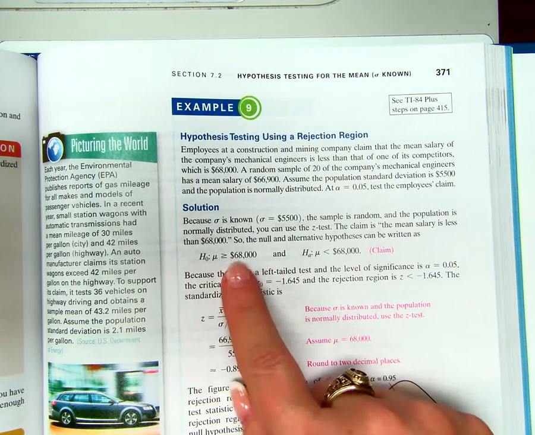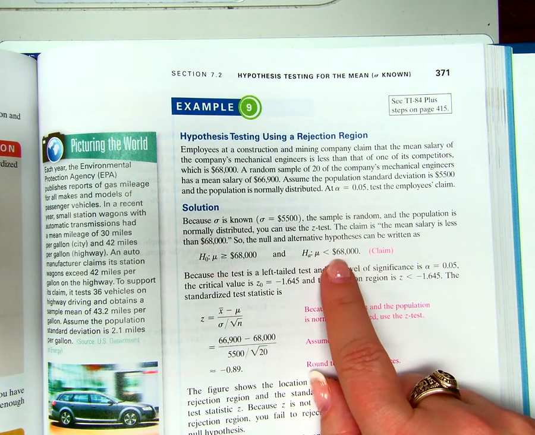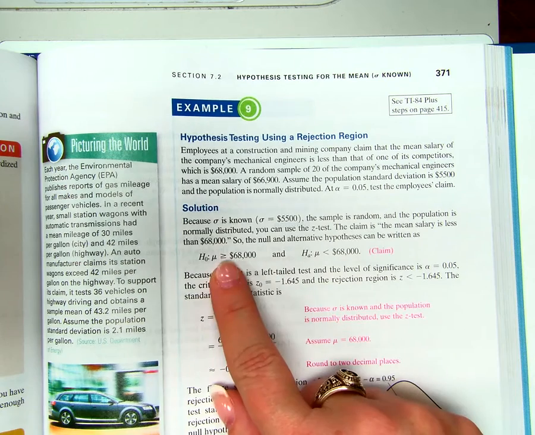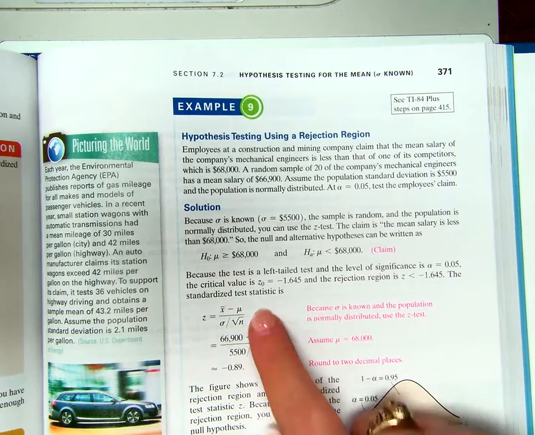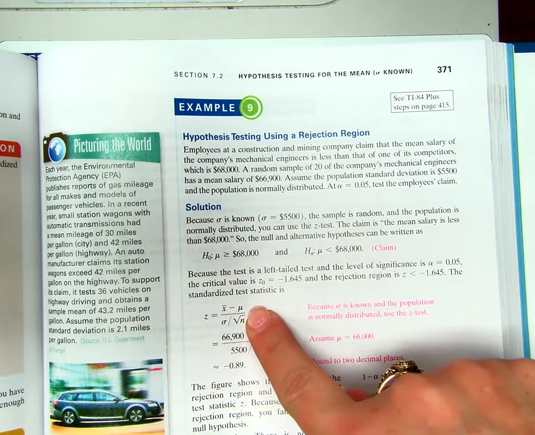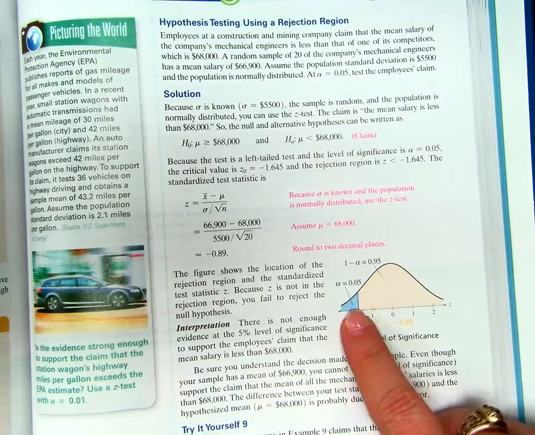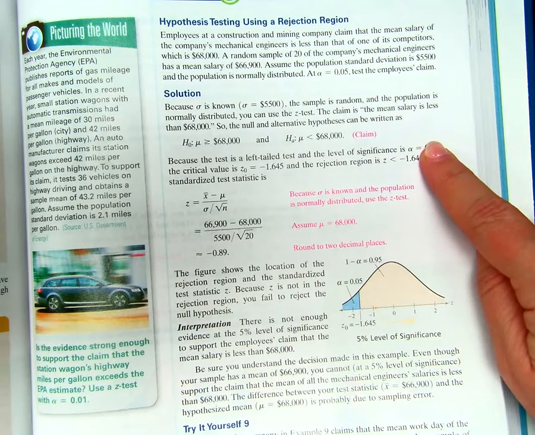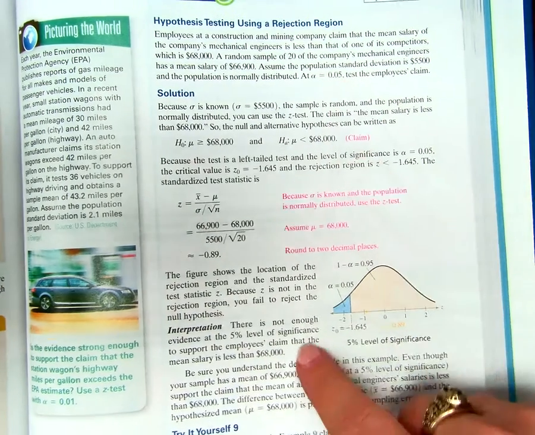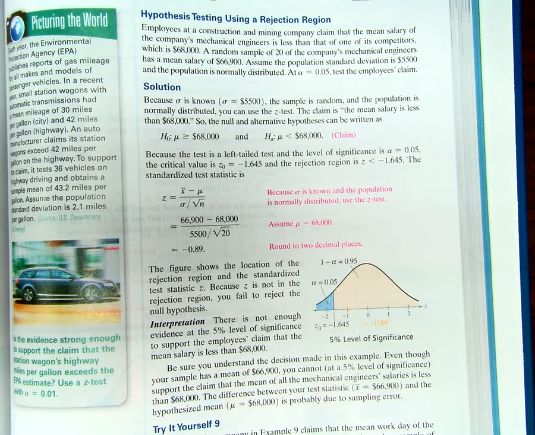So our alternative hypothesis, which is our claim, is that it's less than 68,000, which means our null hypothesis is that it's greater than or equal to 68,000. Use your z formula to find your z value. Use that to find your area. And you will figure out that there's not enough evidence at a 5% level of significance, which is what they ask you for in the problem, to support the claim that it is less than 68,000. Okay? Does that make sense?